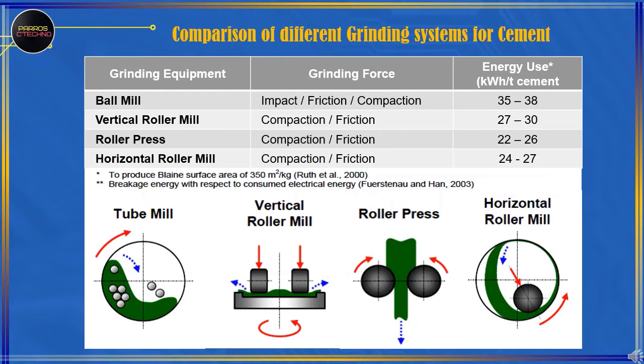For vertical roller mill, the energy used is between 27 and 30 kilowatt hours per ton of cement. For roller press equipment, the energy used is between 22 and 26 kilowatt hours per ton of cement. And for the horizontal roller mill equipment, the energy used is between 24 and 27 kilowatt hours per ton of cement.